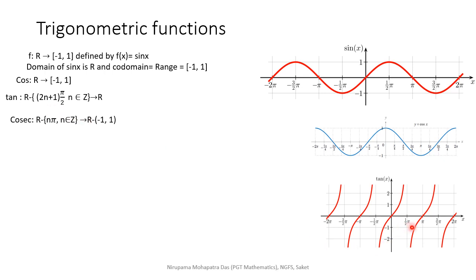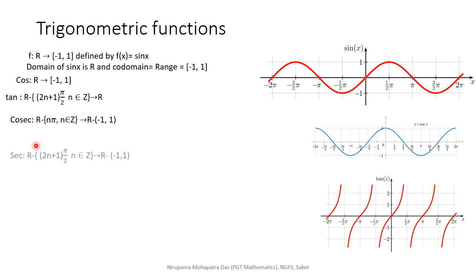So here you see pi by 2, 3 pi by 2, minus pi by 2. At all these points tan x is not defined, so you do not see any portion of the graph at these points. On the other hand, along the y-axis, tan x extends in both directions without any stop, without any break. So the range of the tan function is the set of real numbers. This is the domain and this is the range.